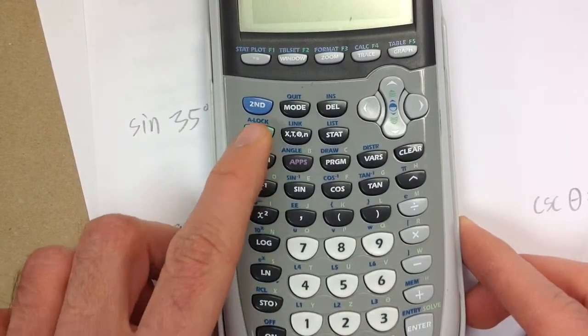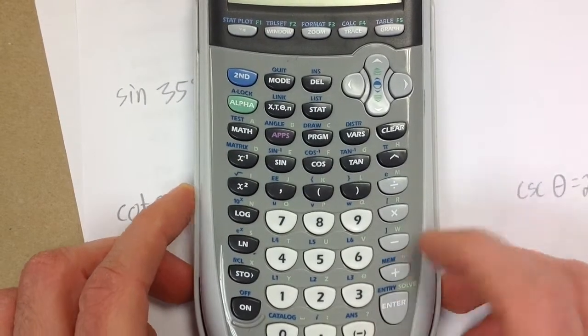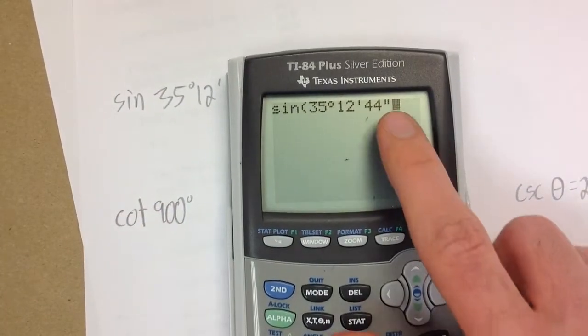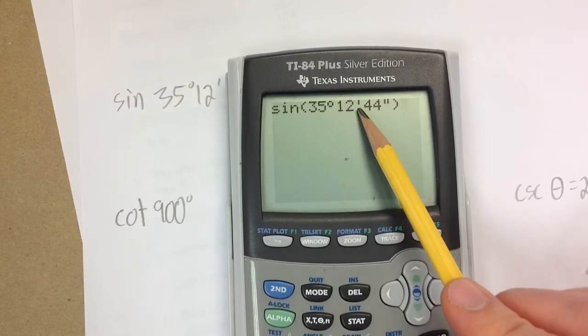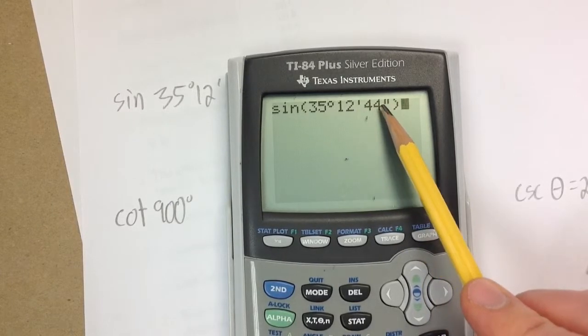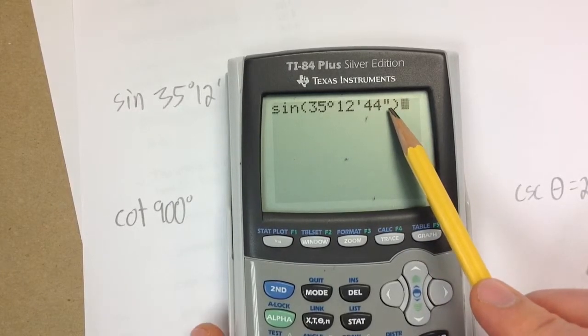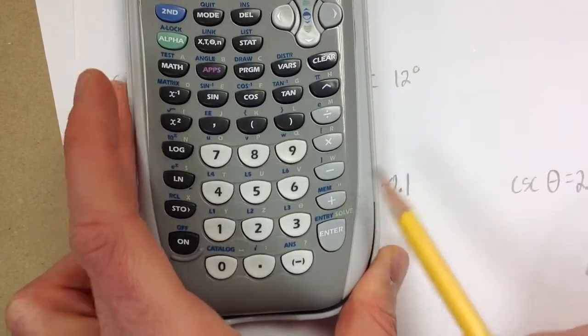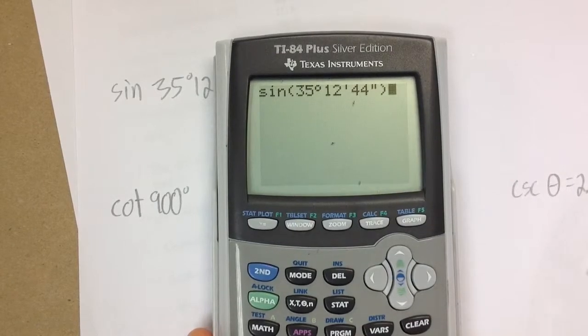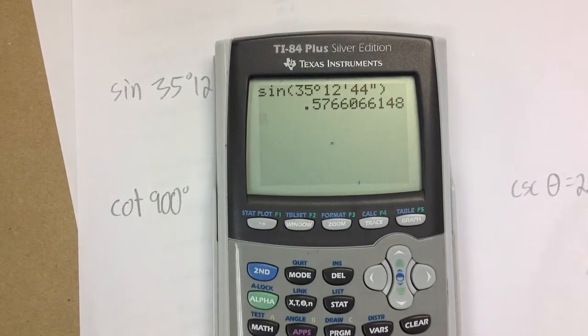Alpha plus. Okay? And that puts the double quotes there, which is the seconds. So the degrees and the minutes are in the angle menu. The seconds aren't. I don't know why. To get the second symbol, you press alpha plus. And then enter. There it is.